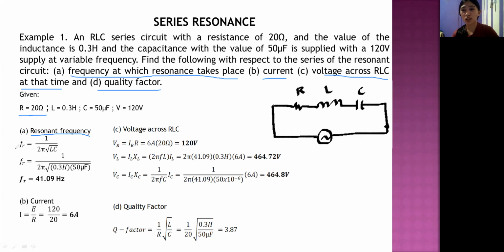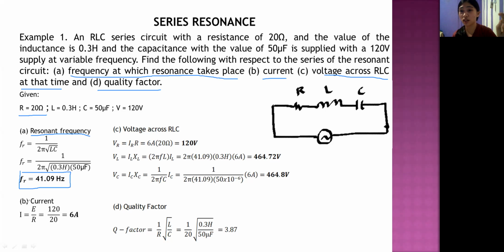We just have to plug in the values: 1 over 2 pi square root of 0.3 Henry times 50 microfarad. If you calculate, the resonant frequency is equal to 41.09 hertz.